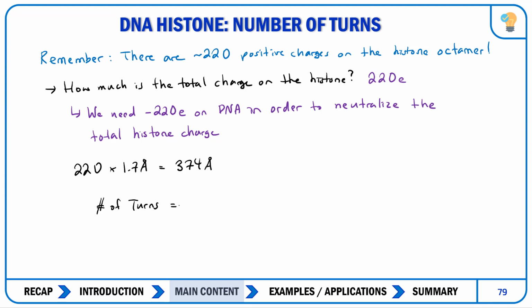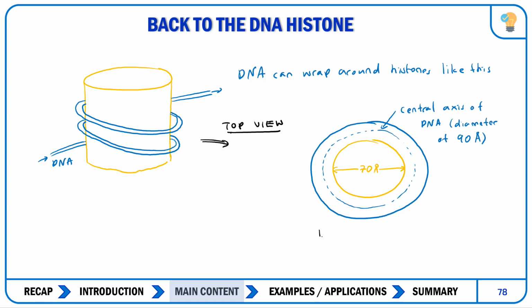is going to be equal to 374 angstrom divided by pi times 90 angstrom. So just remember from the previous diagram, this was 90 angstrom.